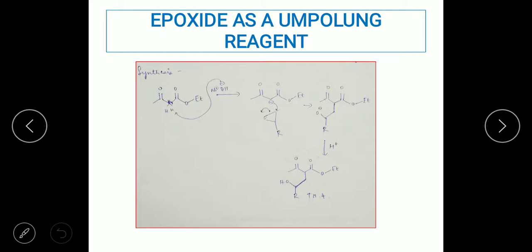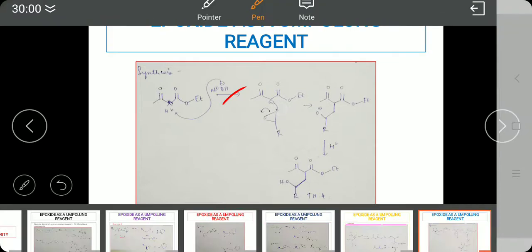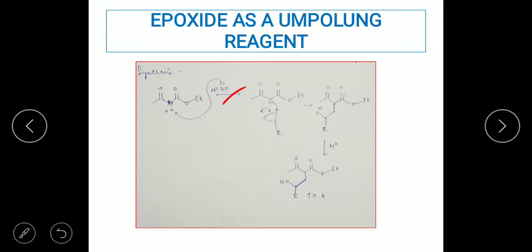Now again we have the central carbon, the carbon having the hydrogens. There are 2 hydrogens on the carbon, and both the hydrogens are highly acidic. Hence we can make use of a weak base also, like sodium hydroxide, and it can abstract the proton, leaving a carbanion on the carbon. So now when there's a carbanion, this carbanion can attack the carbon wherein there is a ring opening of the epoxide.